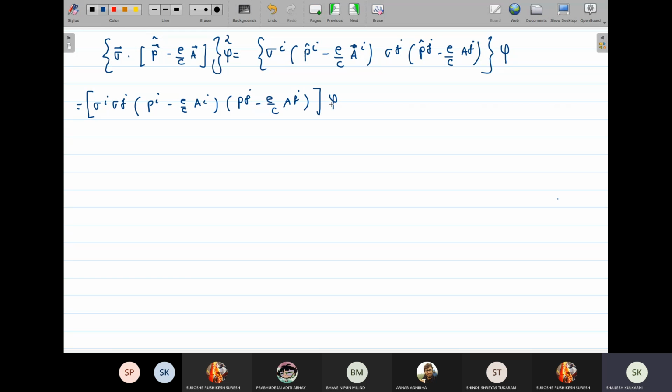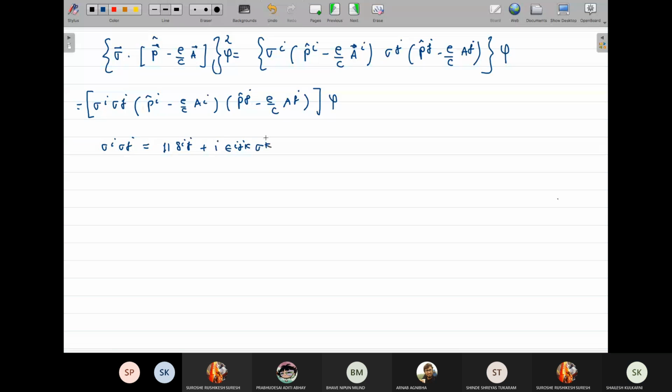Note that these p's are operators at this stage. Now I will use the property of sigma matrices: sigma_i sigma_j is identity times delta_ij plus i times epsilon_ijk sigma_k.